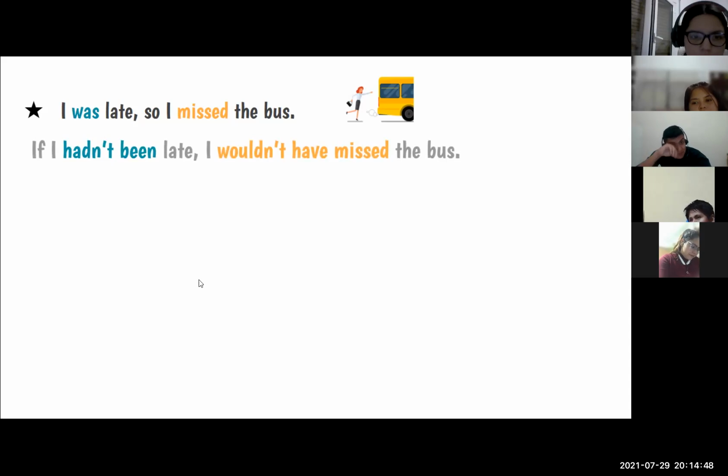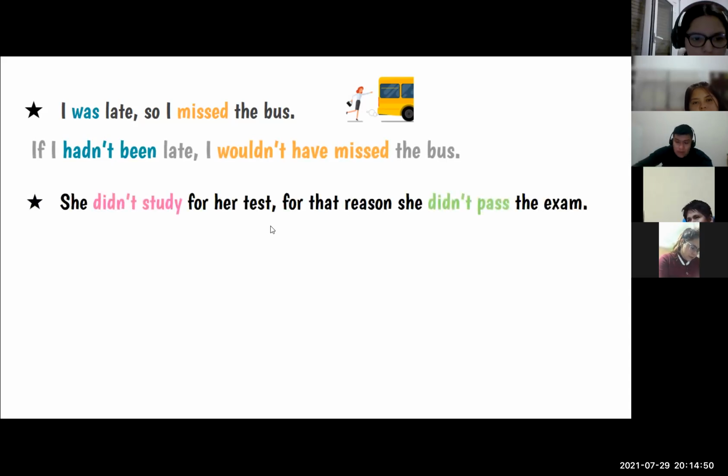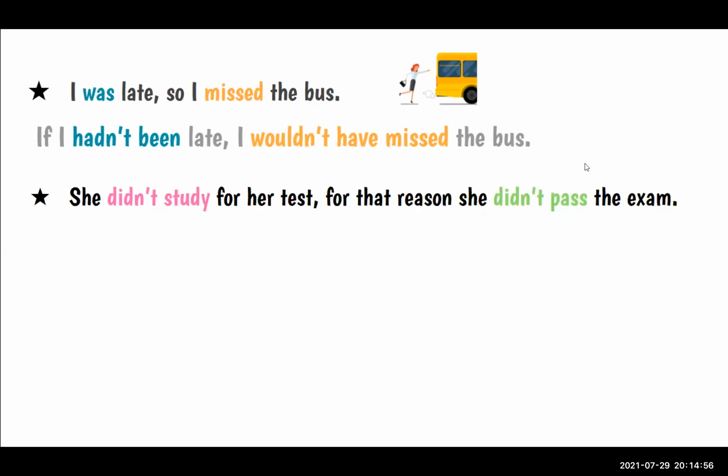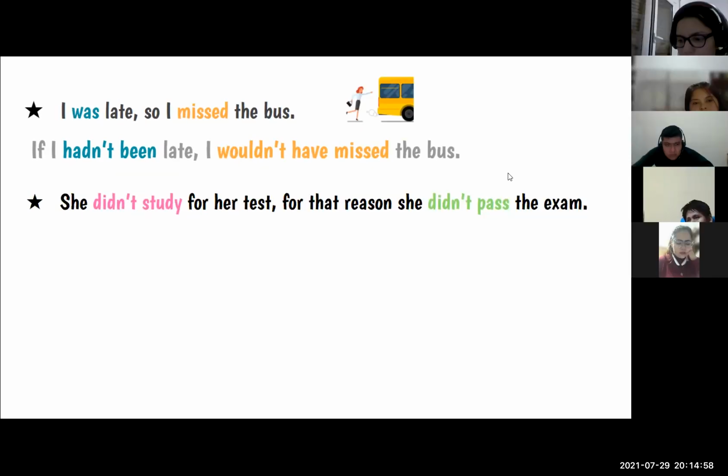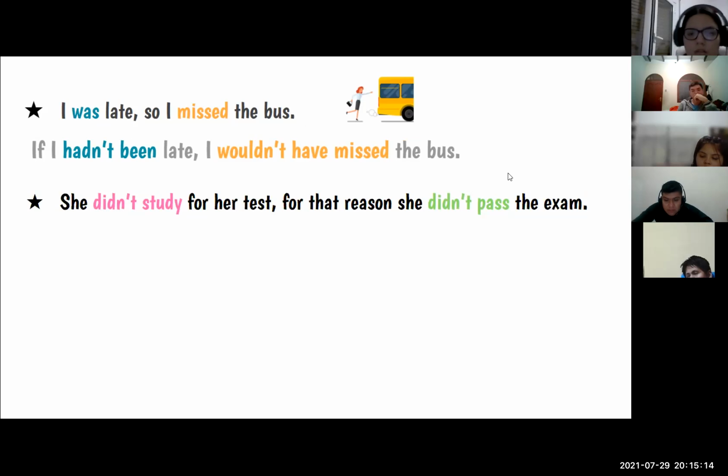The next one. She didn't study for her test. For that reason, she didn't pass the exam. What can we say here? She hadn't studied for her test. Again, please.